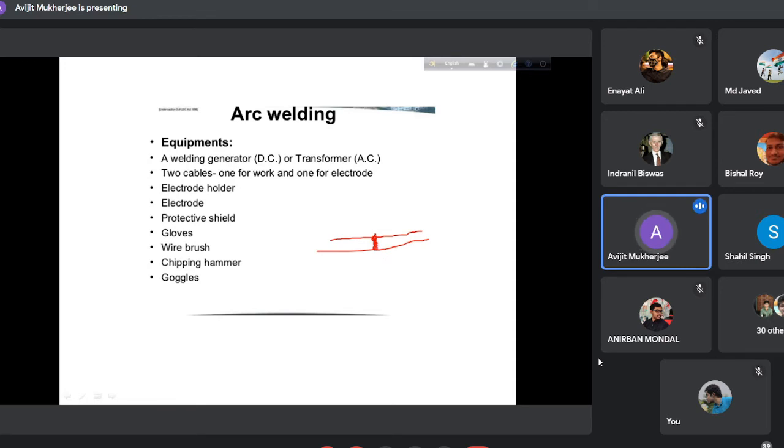But as soon as the first bead is deposited here, or you continue and fill the total gap, just deposit a first line, and after that you should use a chipping hammer. It is nothing but just a striking edge.